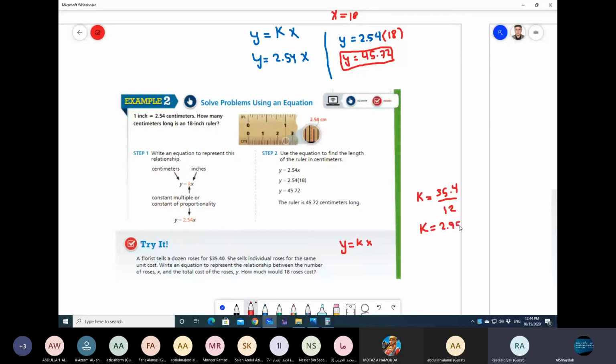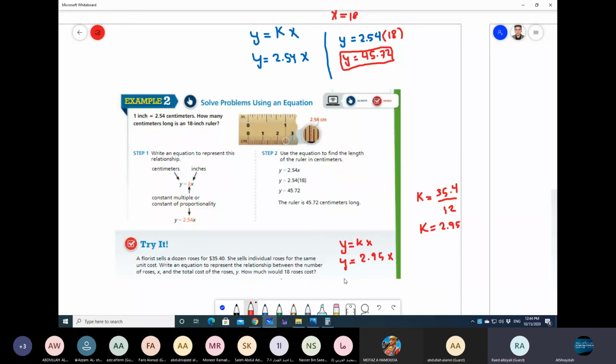So k will equal 2.95. Here we substitute the value of k: y equals 2.95x, where 2.95 is the constant multiple, or constant of proportionality. It is requested from you how much would 18 roses cost.